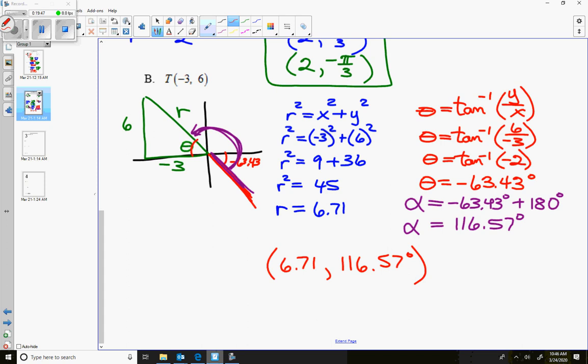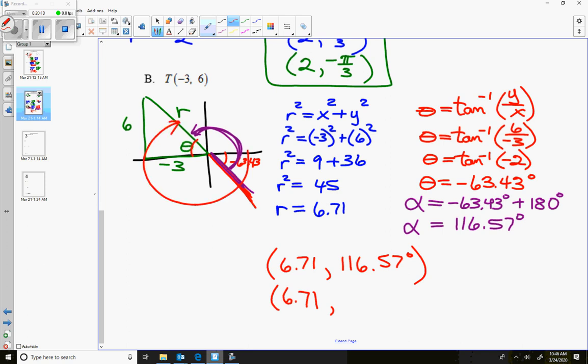Following my notes on what students in the past have done, they prefer to continue to walk forward and just go in the opposite direction. In other words, take the 116.57 degrees and subtract 360 degrees. Go the other way. So if we subtract 360 from it, so what I'm really doing now is going this direction.